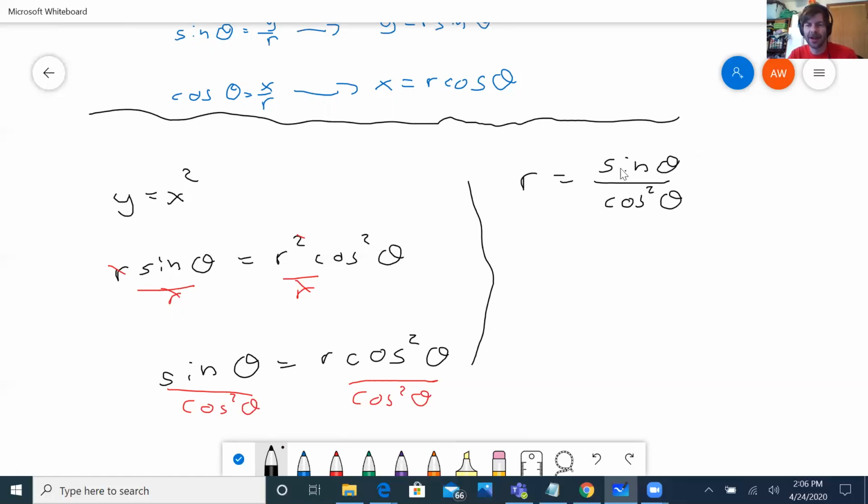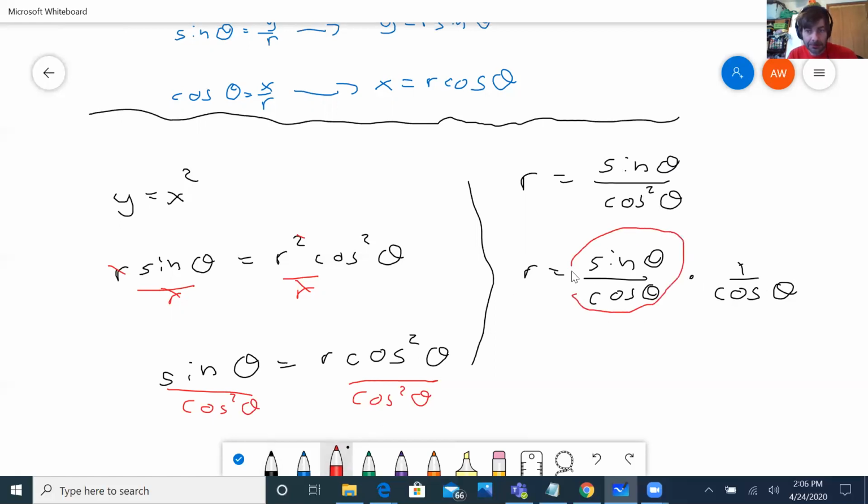So if I'm going to simplify this a little bit, I can pull one of these cosines out. Cosine squared means cosine times cosine. Because then I have tangent right there and secant right there.